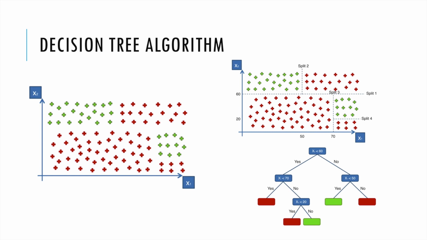We use 4 split lines to split the data into several parts, and we can build a decision tree as in the lower right of the picture. We can see the blue nodes. That's the condition, that's the value, and then at a leaf node, we can decide if it is in the red group or in the green group.